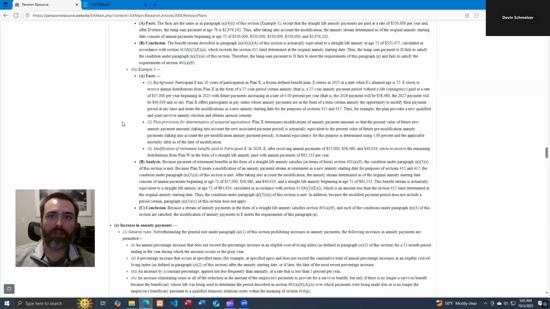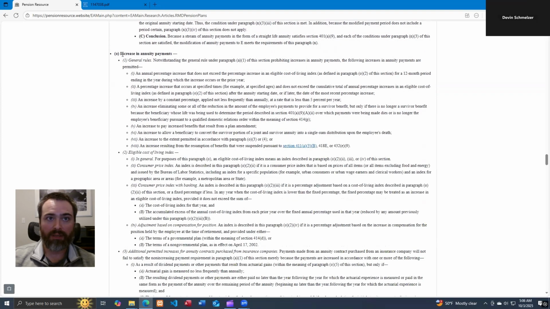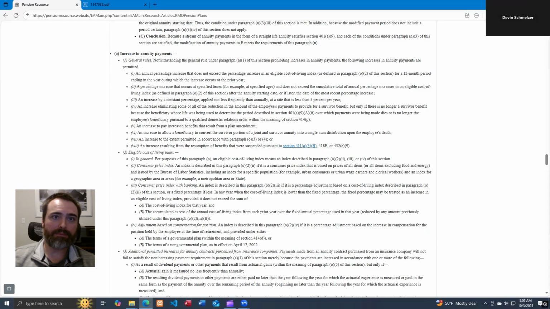On to increasing annuity provisions. Back at the very top of the regulation, it says that your annuity payments must be non-increasing, but with these few limited exceptions, you can actually have an increase in annuity as long as it's one of these things. So (i) says you can use a COLA as defined in one of the items below. (ii) says you can use an eligible cost of living index as described in 2 below. (iii) says you can use a COLA, another one here, but as long as its cumulative impact doesn't exceed one of those indexes, a lesser value.